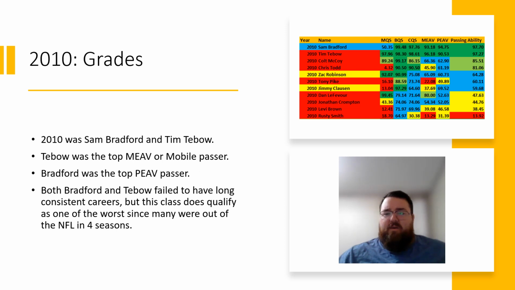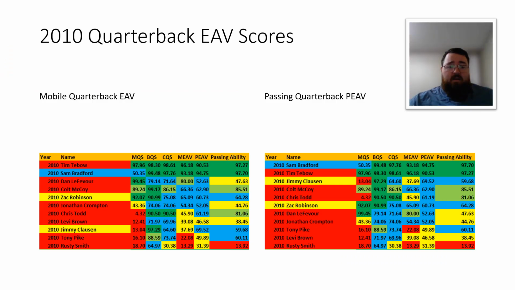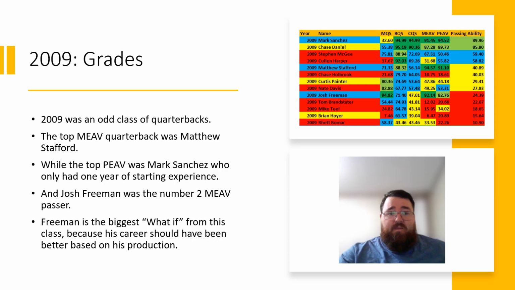And of course, Tim Tebow was what Tim Tebow was. But interesting, nevertheless. 2010, looking at MEAV, Tebow was the top guy. Looking at PEAV or passing EAV or expected approximate value, Bradford was the top guy. But of course, neither one of them had the types of careers that you would expect based on their testing.